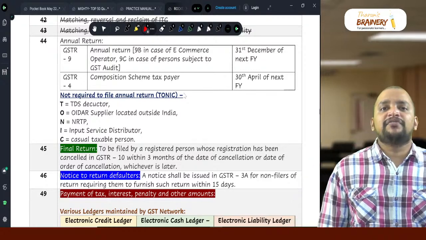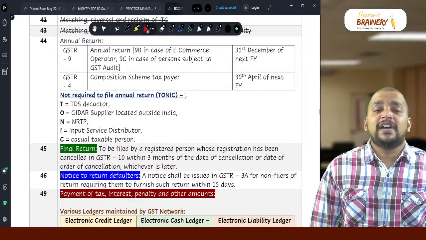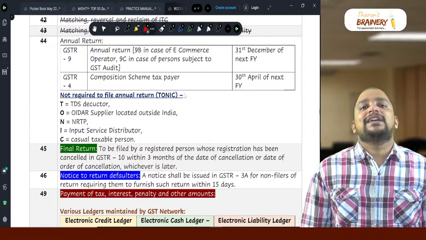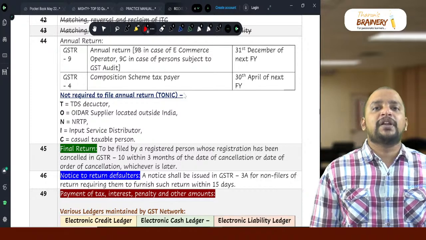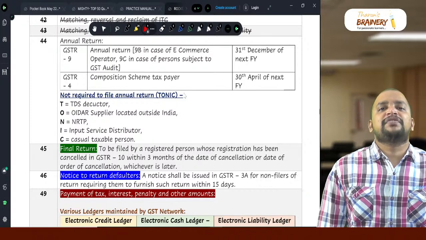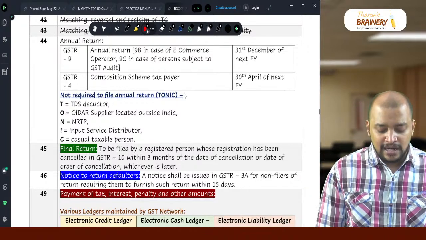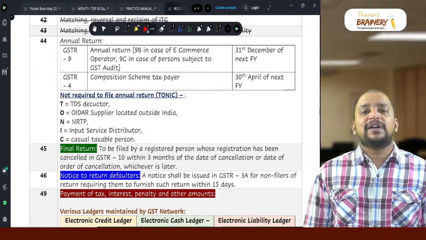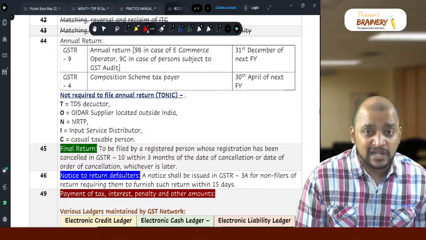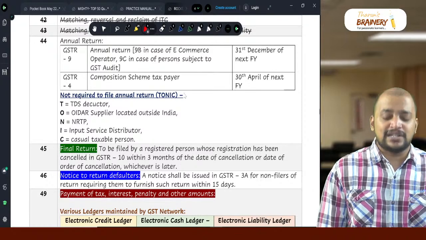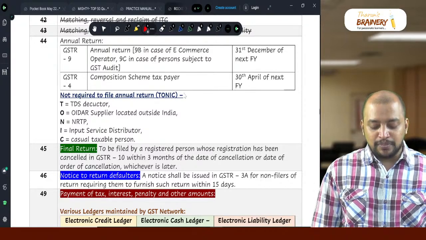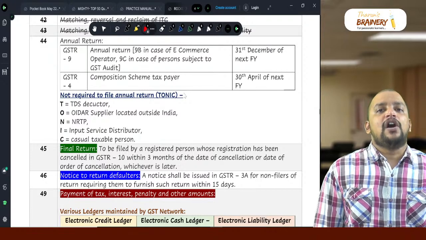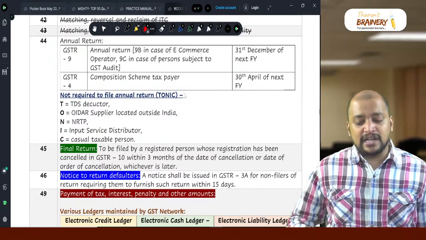A person opting for composition scheme is required to file annual return in GSTR 4 by 30th April of the next financial year. But a person other than those opting for composition scheme is required to file annual return in GSTR 9, by 31st December of the succeeding financial year, and e-commerce operator GSTR 9B. And 9C, for those persons who are subject to audit, but GST audit is now omitted.